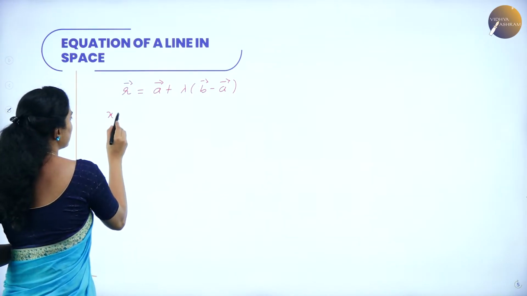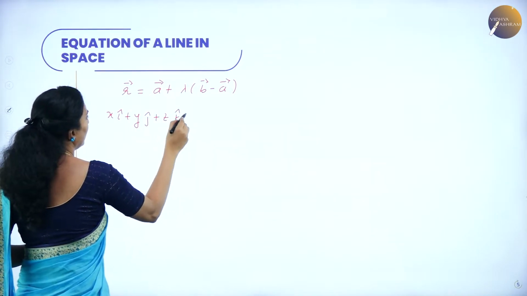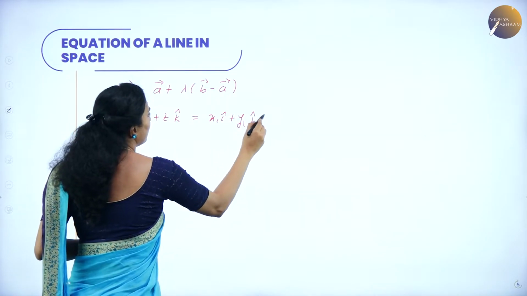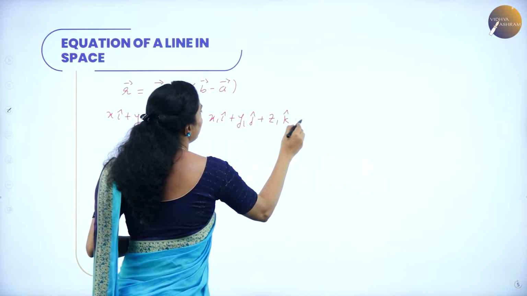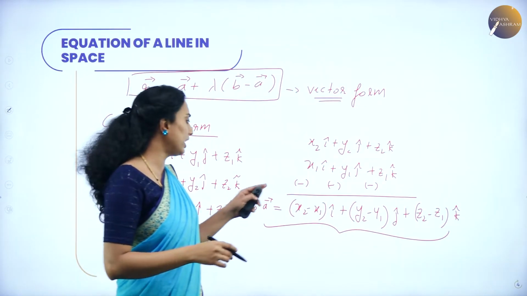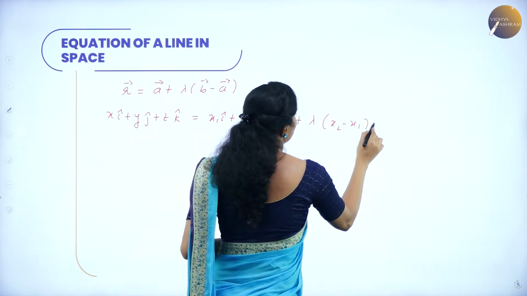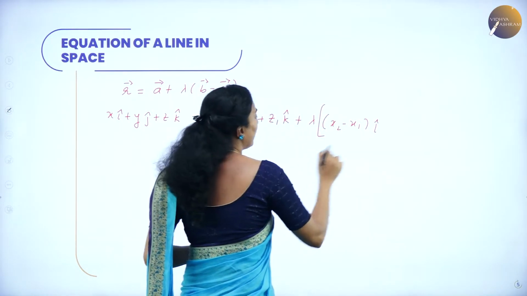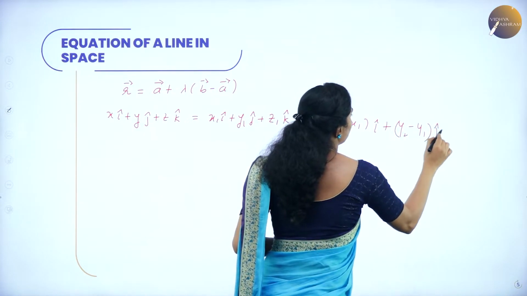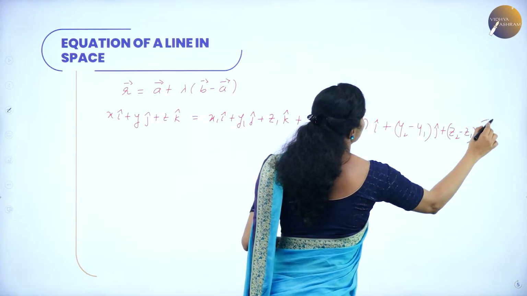R vector is xi plus yj plus zk, and a vector is x1i plus y1j plus z1k, plus lambda into x2 minus x1 into i, plus y2 minus y1 into j plus z2 minus z1 into k.